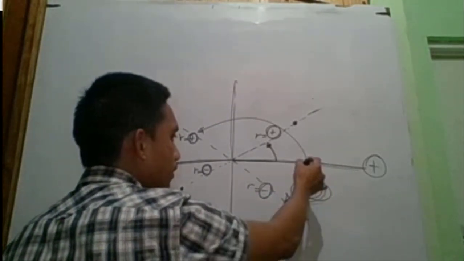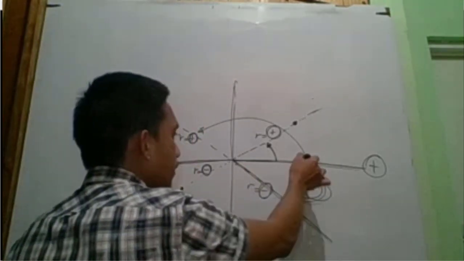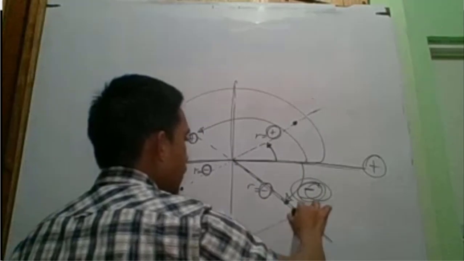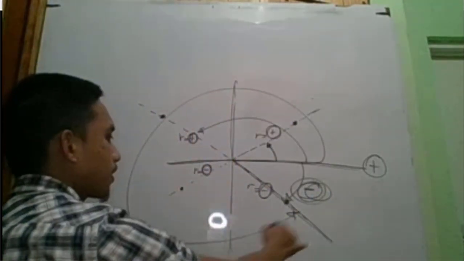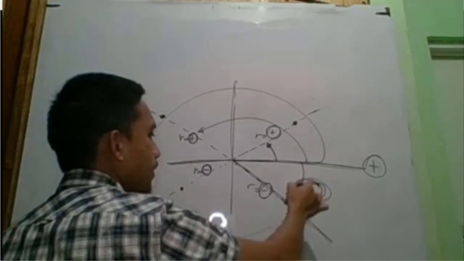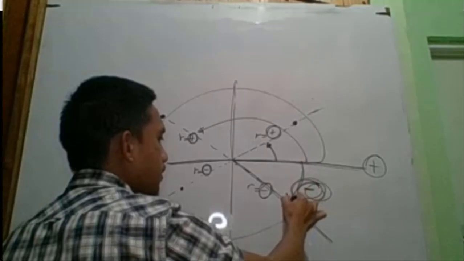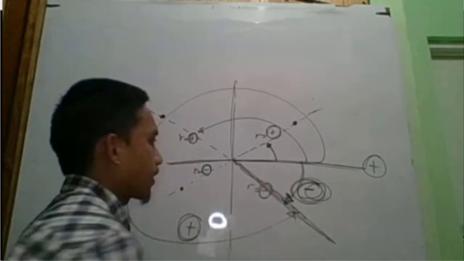But if you want to get the angle of this one line using a positive, then that should be counterclockwise. This is the angle counterclockwise, so that you will consider a positive. But if you define that by a negative, then that is this clockwise angle going to this line that we are referring to.